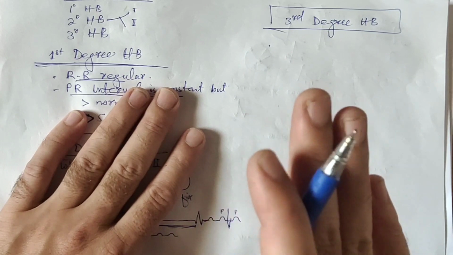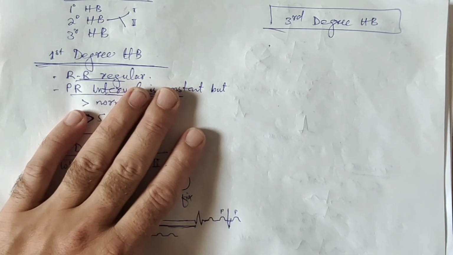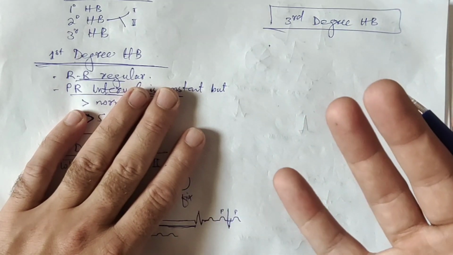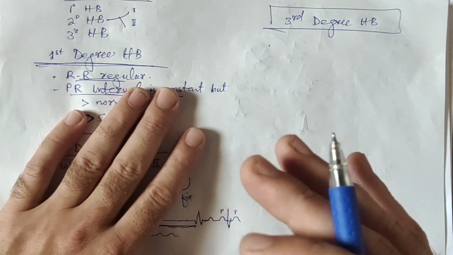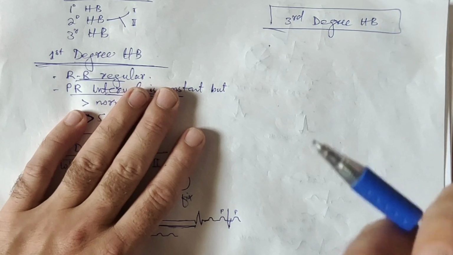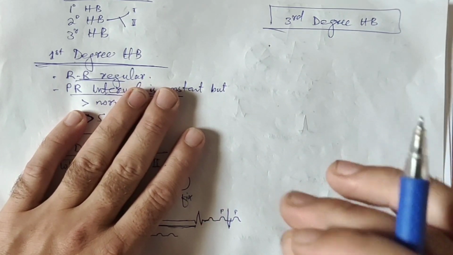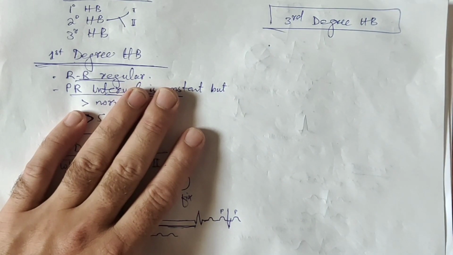That is third degree heart block. When there is no relation between the contraction of atria and ventricles, then there is no heart pump. P is at constant and equal distance, while RR is also equal but slower.